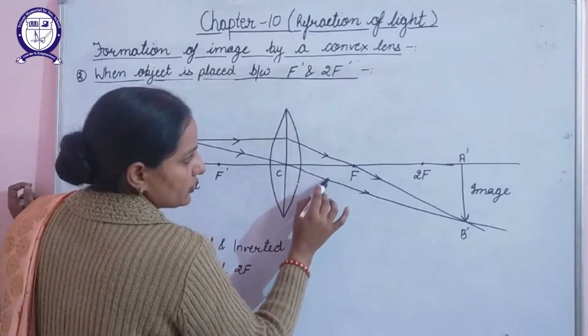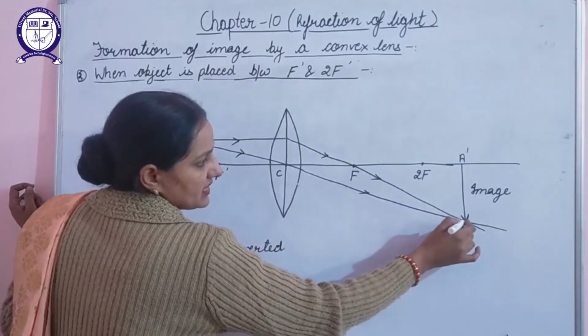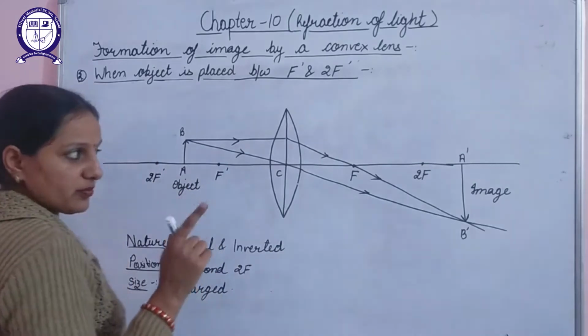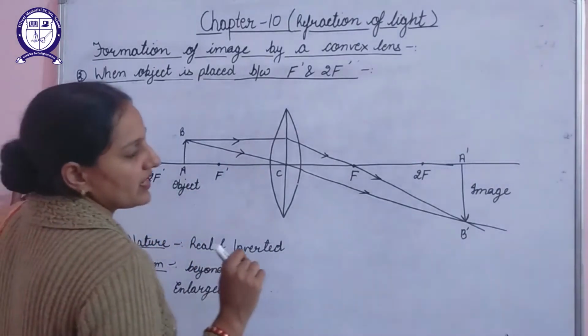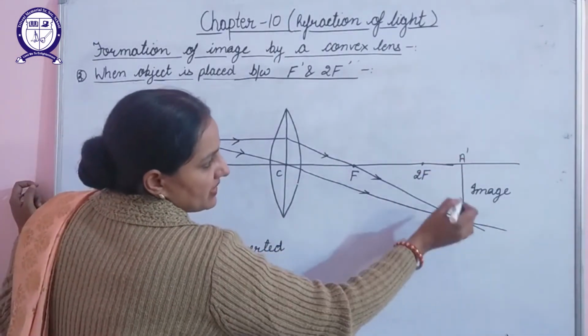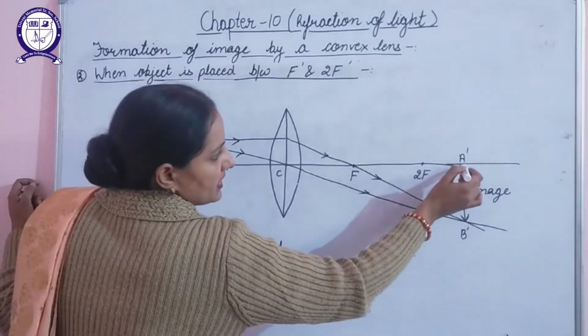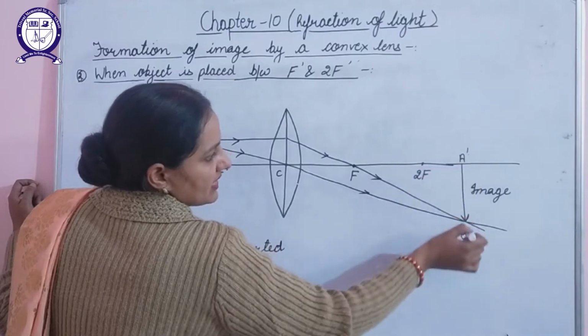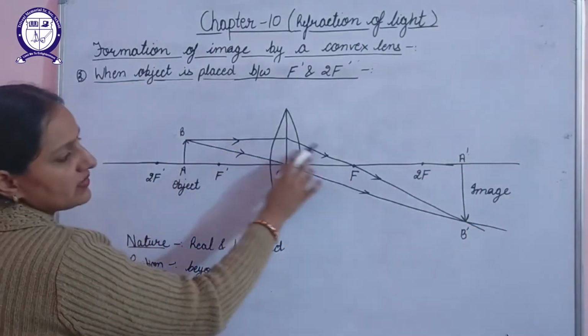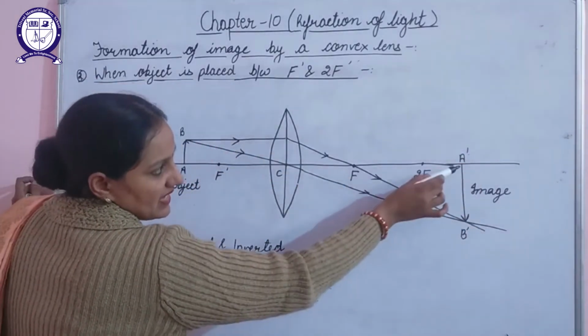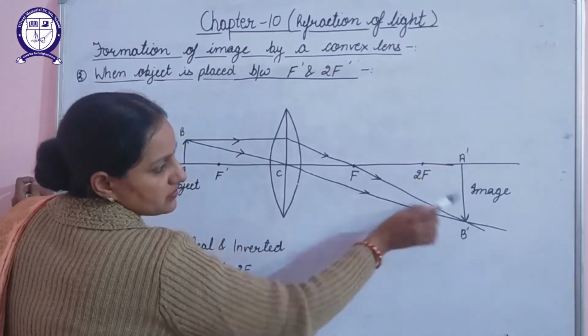So these two refracted rays of light are meeting at this point. So the point where the two refracted rays of light will meet, at that point image will be formed. So the image of this object AB will be formed at this point, and the image is A dash B dash. Here the rays of light are actually meeting and the image is formed below principal axis.